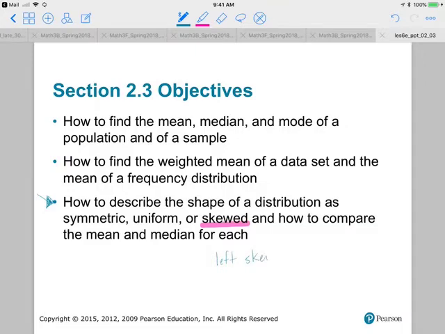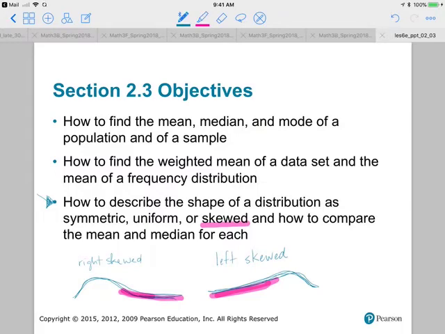Just as a preview, left skewed means we've got a big left tail, so the distribution data is shaped like that. And then right skewed means we've got a really big right tail. We call these tails. That part there is a tail, that part there is a tail. So left skewed and right skewed.